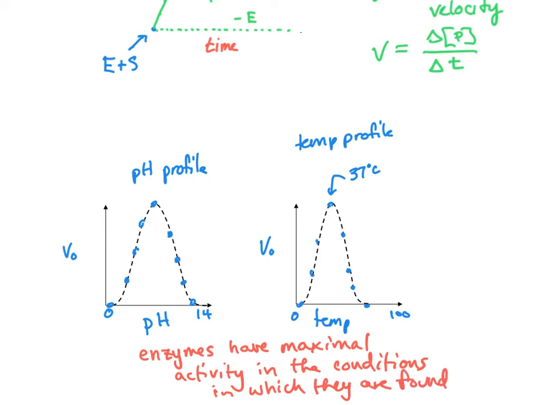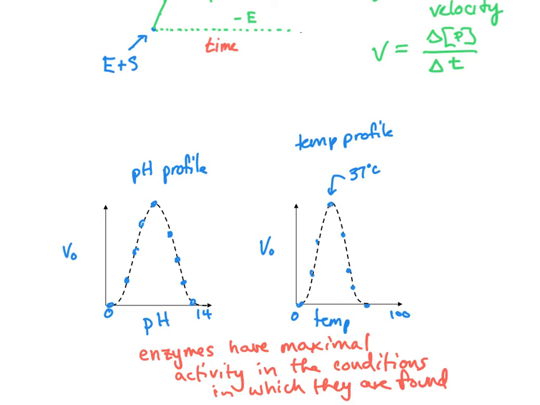Doesn't that make sense? If you have the enzyme chymotrypsin, it works in the intestine, which has a pH that is pretty neutral. So you would expect it to work really well at the neutral pH. And it works in the human body, so you'd expect it to have maximal activity at 37 degrees Celsius.